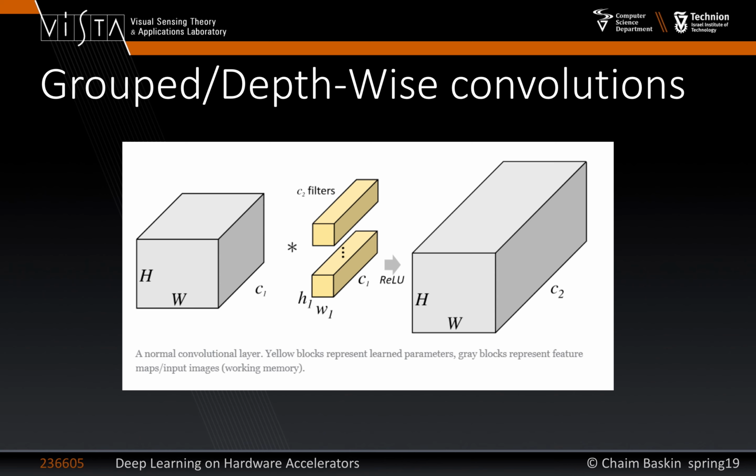He was Geoffrey Hinton's master's student, and he proposed a network for classifying ImageNet, one of the large-scale datasets. And he also proposed the way how to do it.